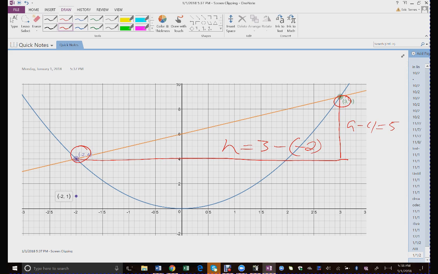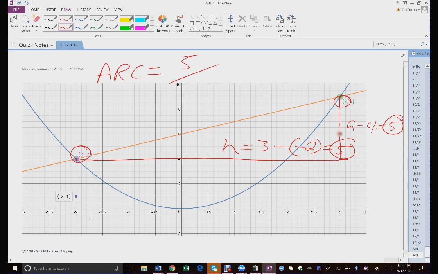So subtracting a negative is the same as addition. So this is the same as 3 plus 2, which equals 5. So my average rate of change equals the rise over the run of my secant line, which is 1.